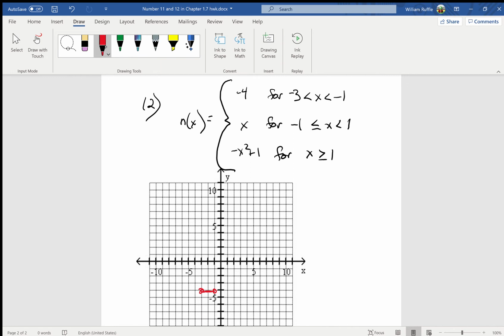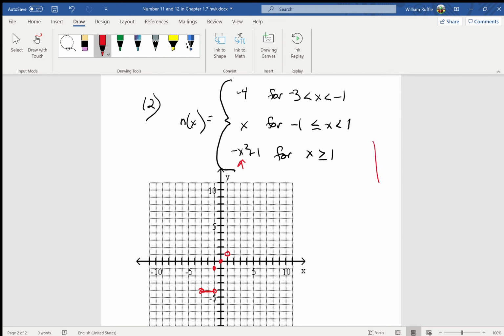Then at negative 1 to 1, I have less than or equal to, so that's a solid dot. Now, negative 1, that's just a solid dot right there. And remember, this is just y equals x, so that's just a line. So 0, 0, but then at 1, I've got to put an open circle on 1. Now, this next part here is, for x greater than 1, we have negative x squared plus 1.